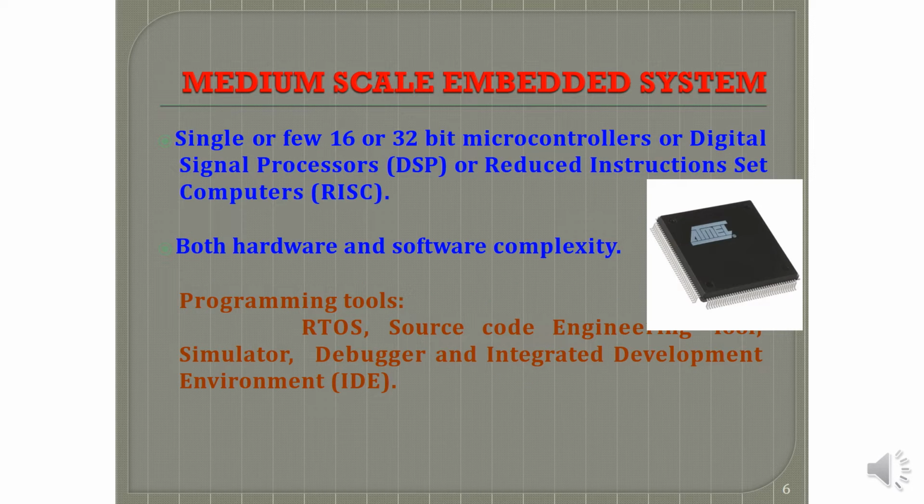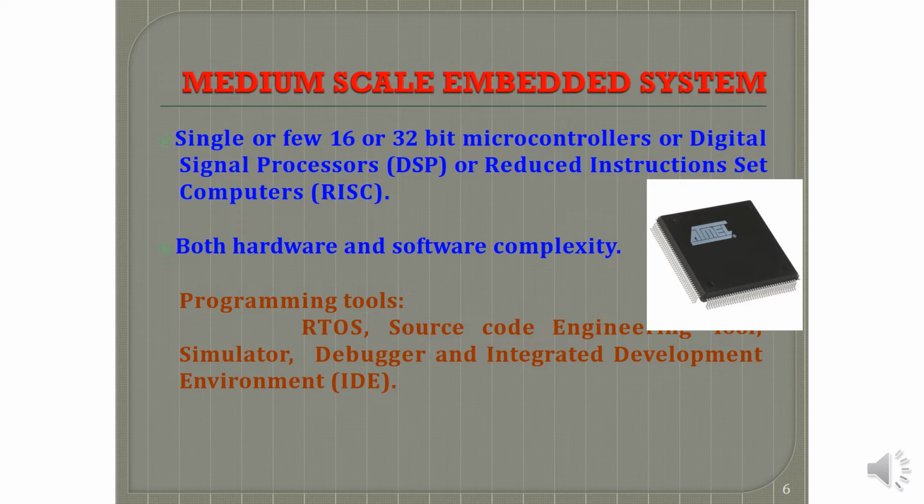When it comes to the medium scale embedded system, here we find another set of application oriented content related to 16 or 32-bit microcontrollers. Prominently, in many areas we utilize DSP processors like the TMS 320C, or RISC machines, that is, reduced instruction set computers.